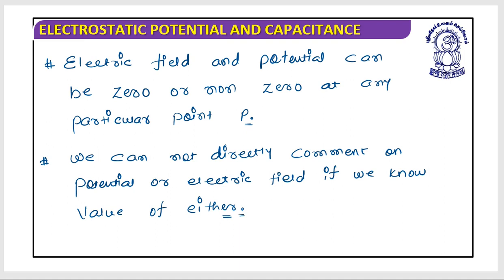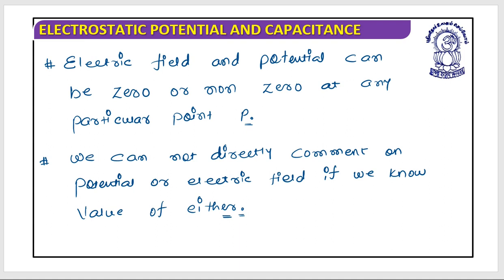Yes, we will have a relation between potential and electric field in the next classes. And from that relation only, we can get some knowledge that if this would be the value of the potential, this could be the electric field, or vice versa.